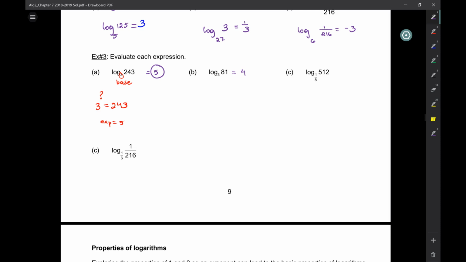So here I'm looking for this. I'm asking 1/8 to the power of what is 512. First and foremost, how do I use an exponent to convert from a whole number to a fraction? Negative. So negative exponents. You would find out what the exponent would be, and then you put in the negative.